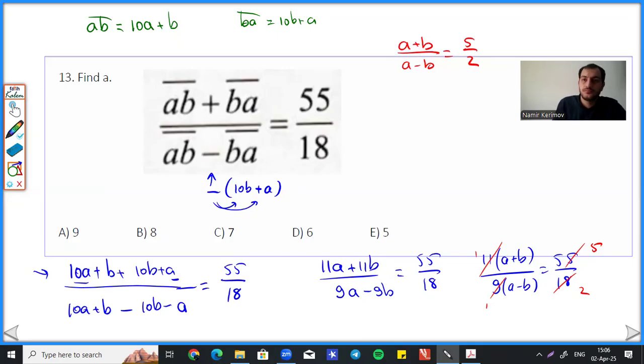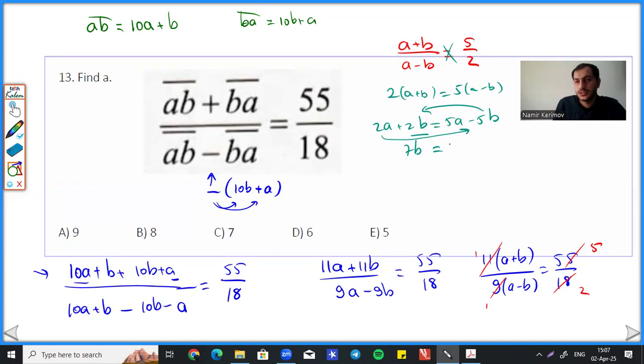And using cross multiplication is better. That will be 5 times A minus B. So 2A plus 2B equals 5A minus 5B. If we take 5B to the other side, that will be plus 5, which makes 2 and 5, 7B. And if we take the 2A to the right side, that will be 5 minus 2, which is 3A.